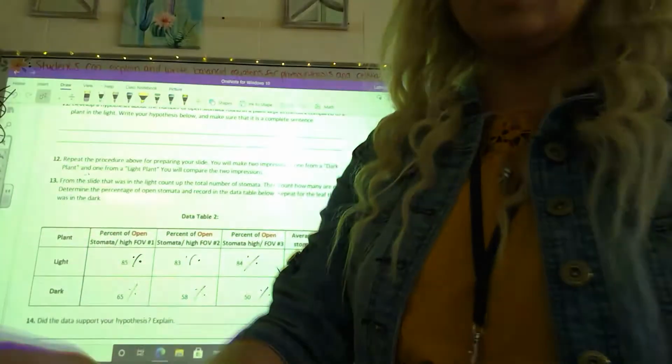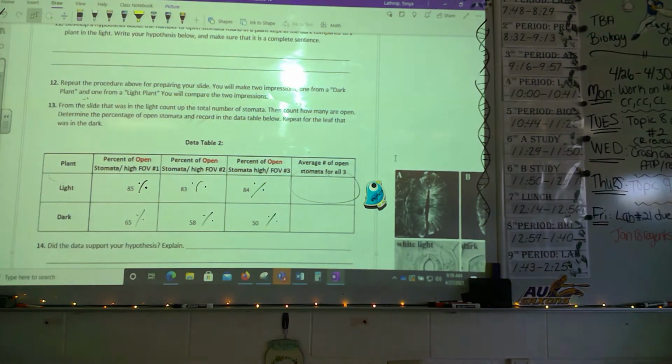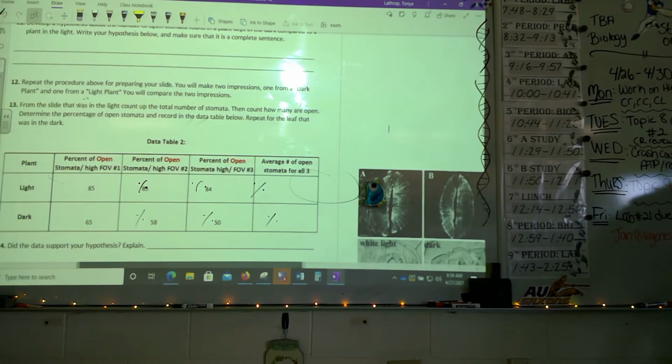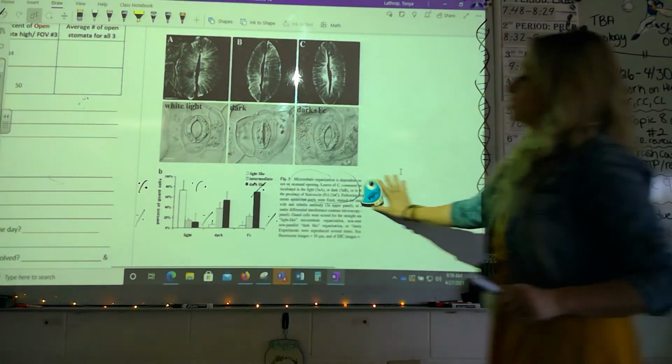So as you can see, you already created your hypothesis. If I look over here, I can show you that typically stomata with different light usually open.